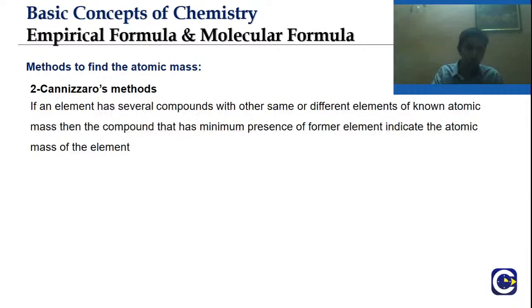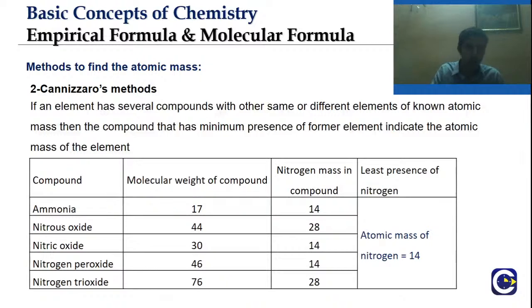How are they finding atomic masses in it? In this, they consider various compounds which contain a common atom. For example, ammonia NH3, nitrous oxide N2O, nitric oxide NO, nitrogen dioxide NO2, nitrogen trioxide N2O3, and so on.